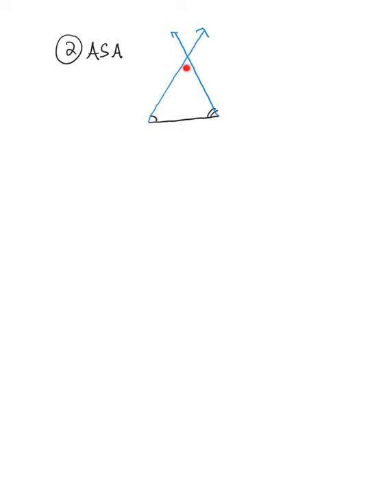If you know the angle, you know which direction the sides have to go. But if you draw them, there's only one possible place for these lines to intersect, and that gives us our triangle. So if we know one side and two angles, there's only one triangle we get from that as well.